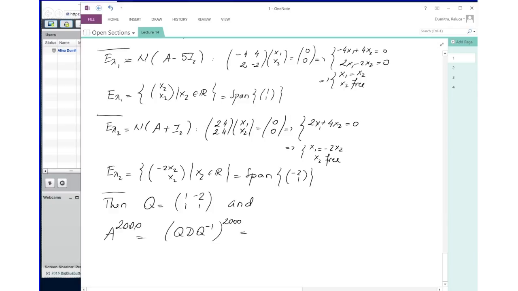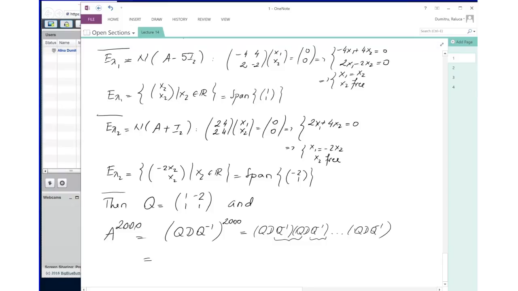So what happens when I raise something like this to the 2000? Q D Q inverse, Q D Q inverse, Q D Q inverse. Something pretty nice happens, right? They just cancel two by two, this with the next one, they will just become the identity.